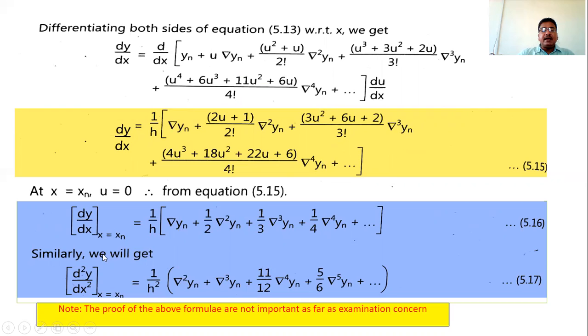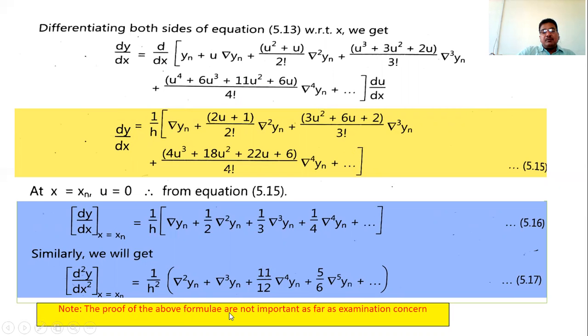Its value at x equal to xn is 1 by h square; substituting u as 0, we get del square yn plus del cube yn plus 11 by 12 del raised to 4 yn plus 5 by 6 del raised to 5 yn, and further terms, the fifth difference term, sixth difference term, and so on.